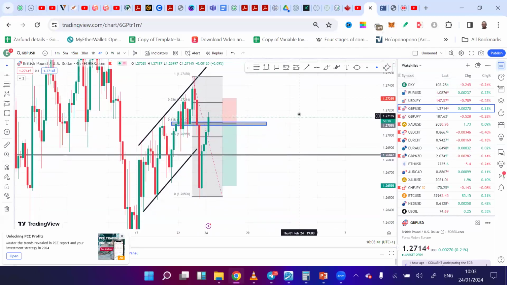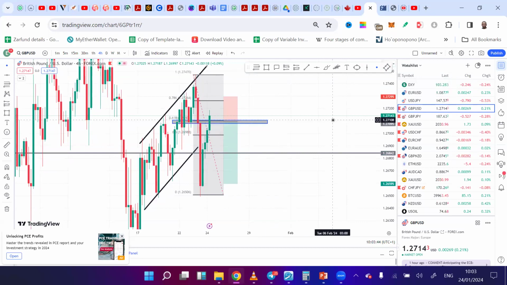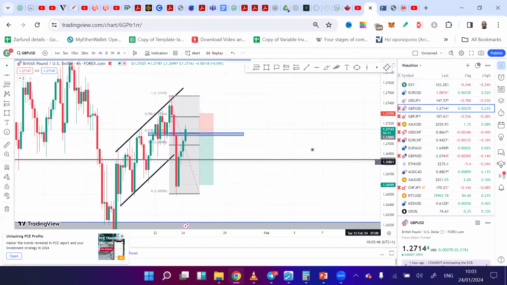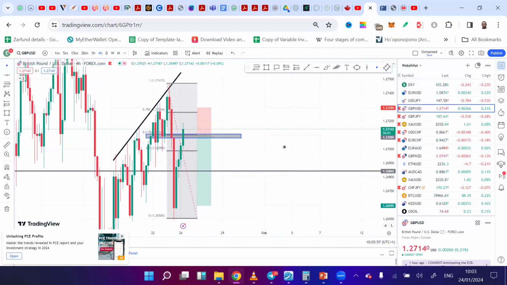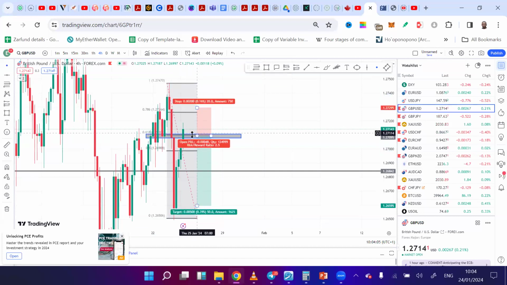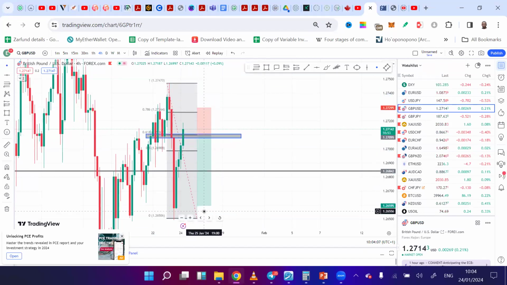Okay, so when we look at what's going on here, we gave a trade out this morning on Euro USD. This was the entry we set, and the bias we had on this trade was that price is going to pull back down to this area.